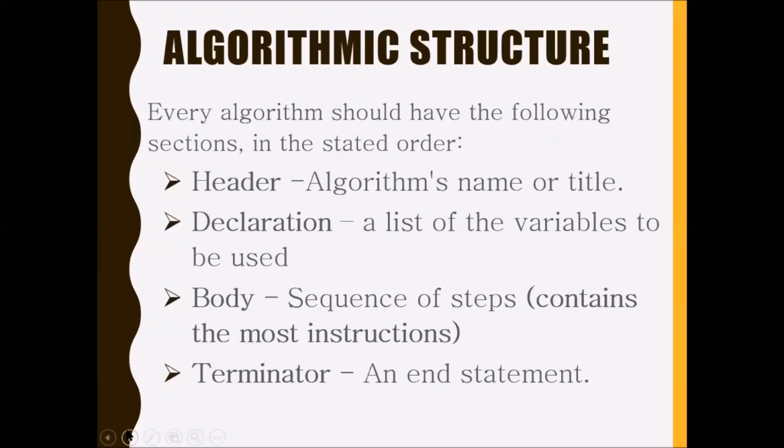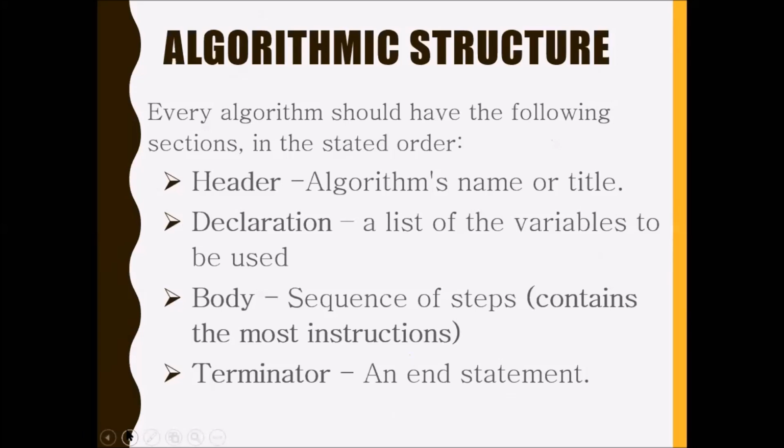So every algorithm should have the following sections. And we're going to have the sections just as so. If you maintain this structure, you won't have a problem when you transition into program development. So we're going to maintain this at all costs, right? So the first thing you're going to have is your header.